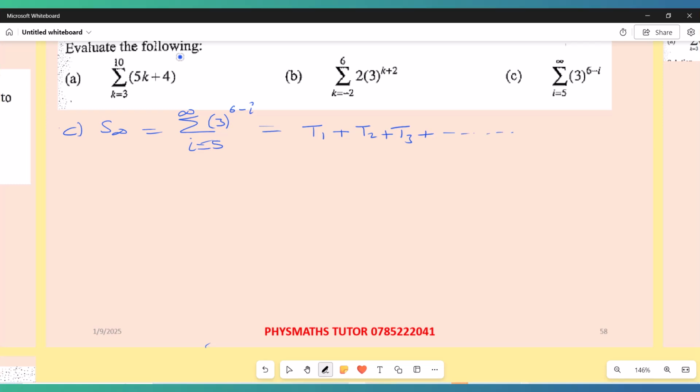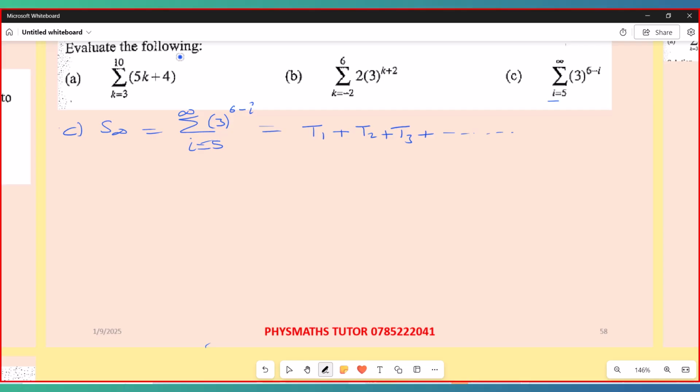So how do we get our first term here? We put in i equals 5, up to infinity. So we write bracket 3, power 6 minus 5, since our first i is 5.